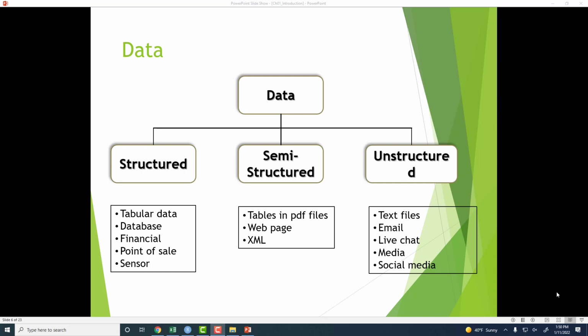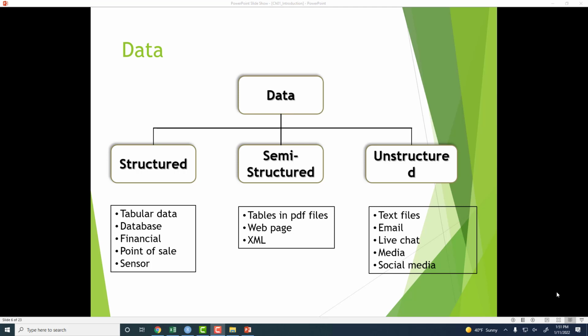Okay. So here is a broad overview of what we mean by data, okay, when it comes to data analytics or business analytics, whatever you may call it. So data can be looked at in 3 broad categories. Okay, there is structured data, then semi-structured data, and then unstructured data. Okay. So what is structured, semi-structured, unstructured? So structured data is what you probably have handled generally speaking in other courses.